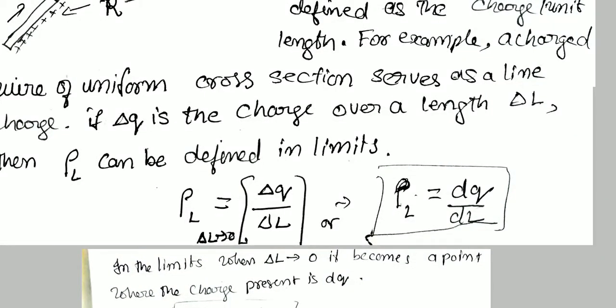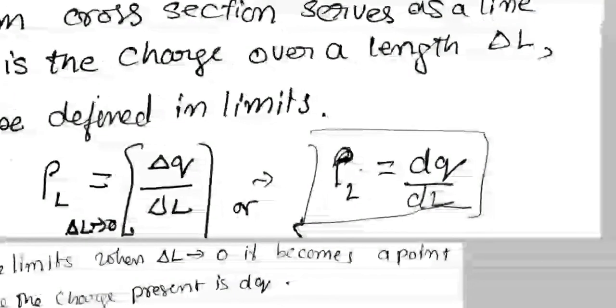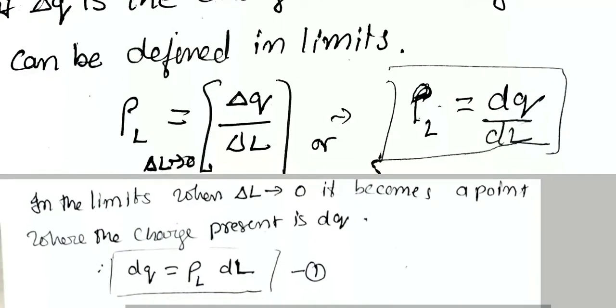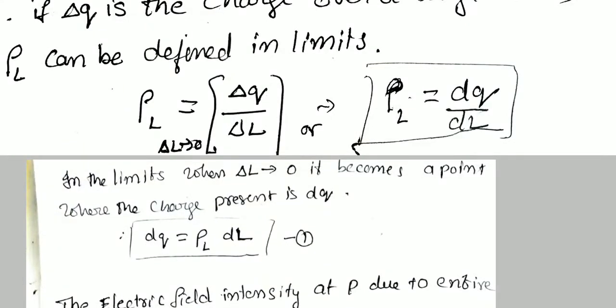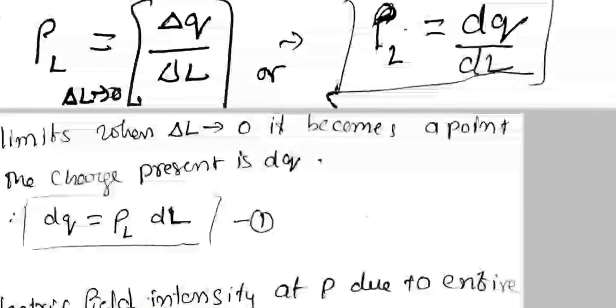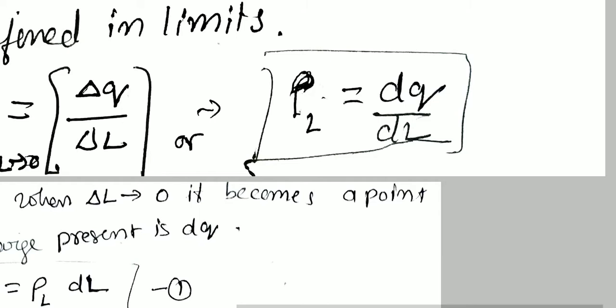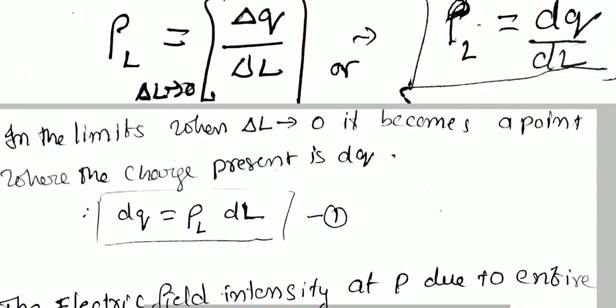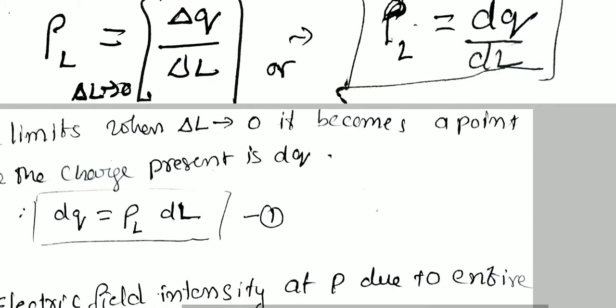As delta L tends to 0, we can represent it as dq by dl, differential charge by differential length. When delta L tends to 0, it becomes a point where the charge present is dq. Then by rearranging this term, dq can be written as dq is equal to rho L into dl.